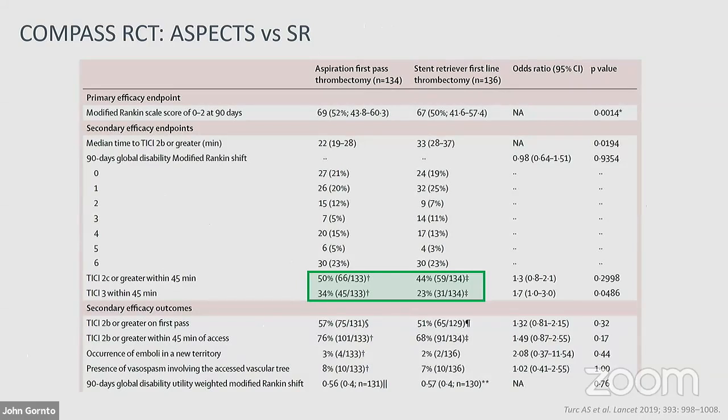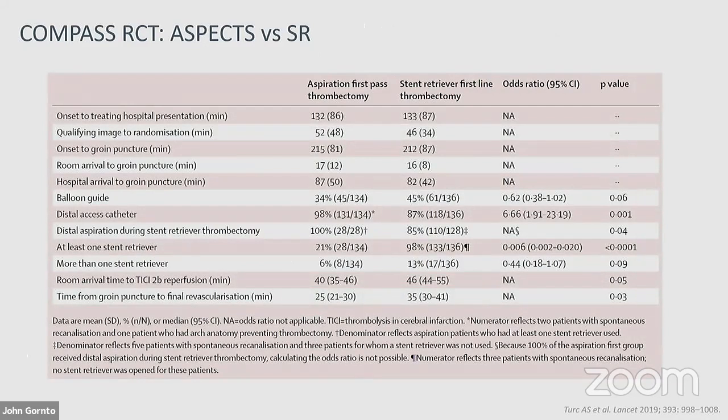TICI 2C or 3 within 45 minutes, TICI 3 within 45 minutes was even better with the aspiration than with stent retriever first. And there were other interesting observations, like for stent retriever, the vast majority of procedures were done with distal aspiration additionally. And more than one stent retriever was used in 13% of the cases, so bailout procedures.